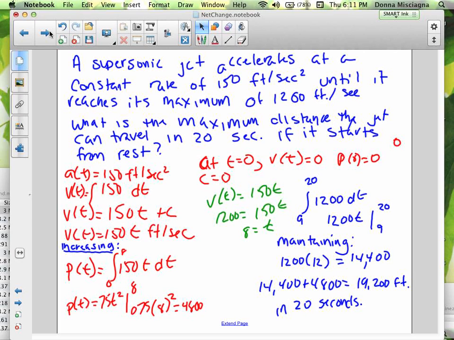All right, so it's maintaining 1,200 times 12 will give us 14,400. So, by the way, that's 20 minus 9 is going to end up being 12, right? If I plug in 1,200 times 20 and I subtract 1,200 times 9, I will have 1,200 times 12, I believe.